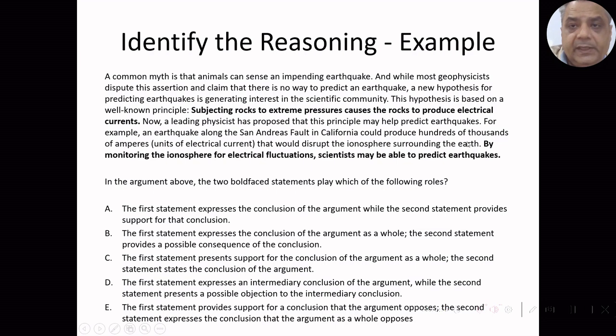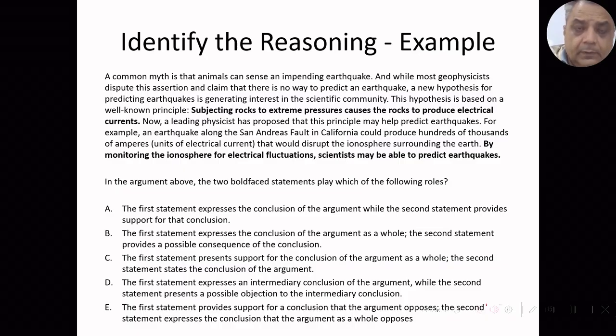Here they have made a practical application of this scientific principle. And after seeing the consequence of the practical application of the scientific principle, they have reached the conclusion that by monitoring the ionosphere for electrical fluctuations, scientists may be able to predict earthquakes.